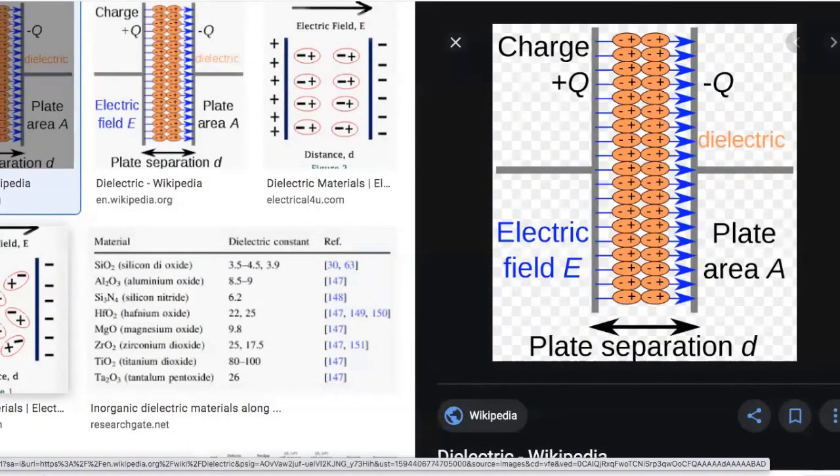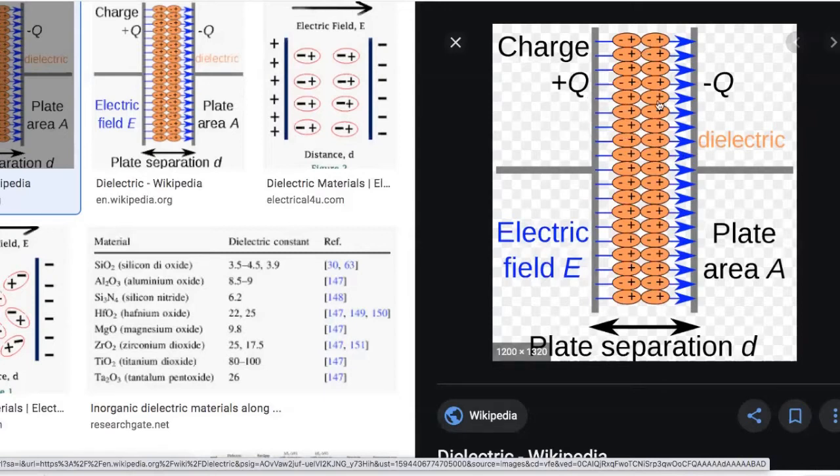So what's happening is the polarity of the molecule is aligning. See here, this is a nice picture. You've got a charged plate, Q, and a negative Q, so the electric field it creates is this way.